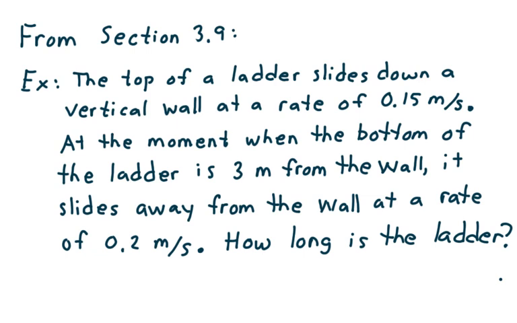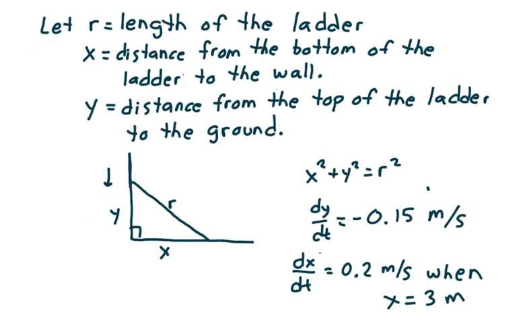Okay, so notice here, we can call this line in red the vertical wall. And I'm going to let R equal the length of the ladder. I'm going to let X be the distance from the bottom of the ladder to the wall.